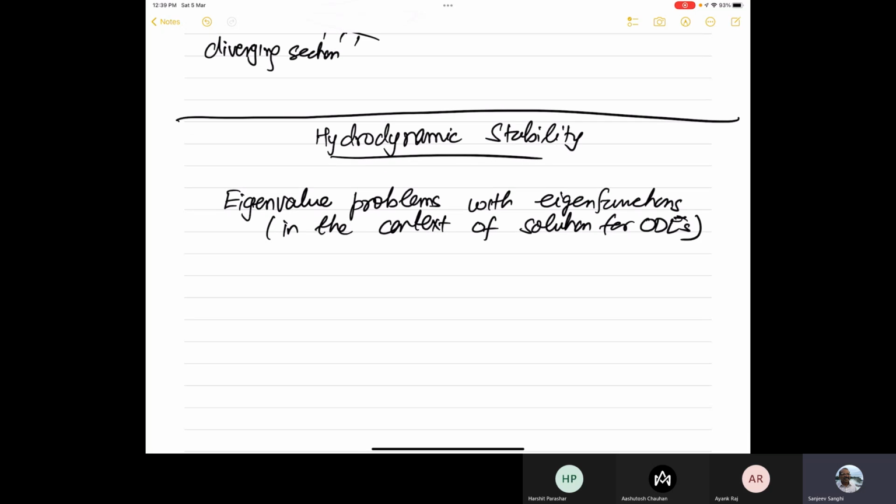Because somehow when we talk of ODEs, when you think about it, you'll say, yeah, where did eigenvalue come from here? Let's look at what is eigenvalue.